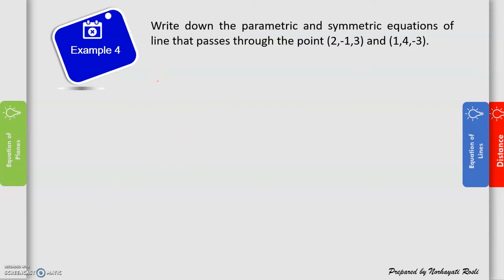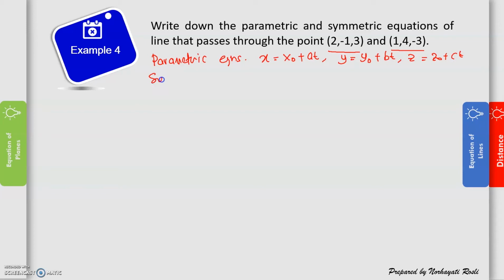Now we go to example 4. The question asks us to write down the parametric and symmetric equations of the line that passes through the two points (2, -1, 3) and (1, 4, -3). We know that our parametric equation is given by the general form x = x naught plus at, y = y naught plus bt, and z = z naught plus ct.